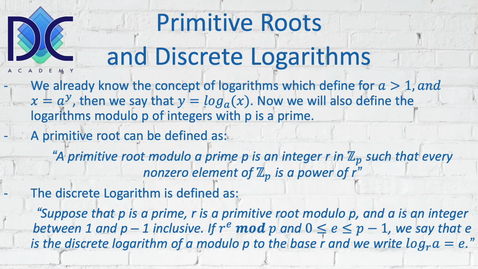If r to the power e modulo p equals a, with e between 0 and p minus 1 inclusive, we say that e is the discrete logarithm of a modulo p to the base r, and we write this as log base r of a is equal to e.